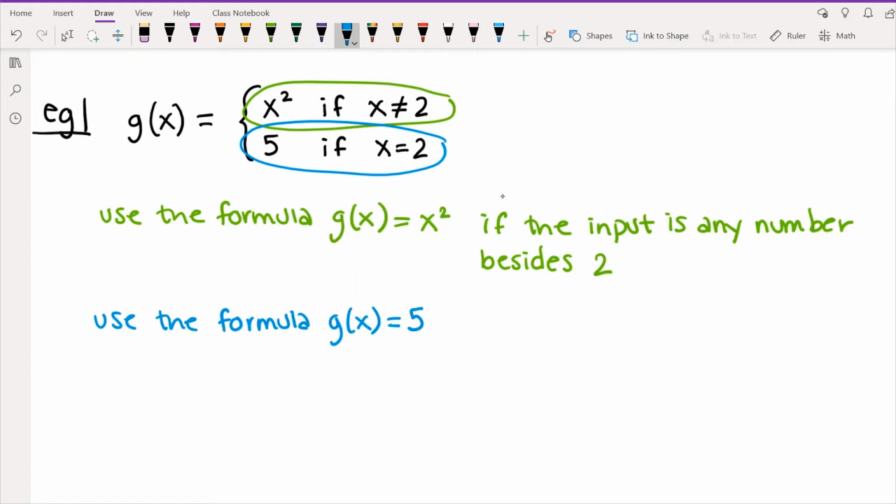So that might seem like kind of a funny function. We'll talk more about this type of function a little later. This is what's called a constant function. So it's a constant function because no matter what number you plug in, the answer is just 5. And so this tells us to use the function g of x is equal to 5 if the input is 2.